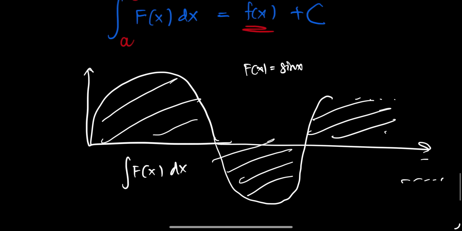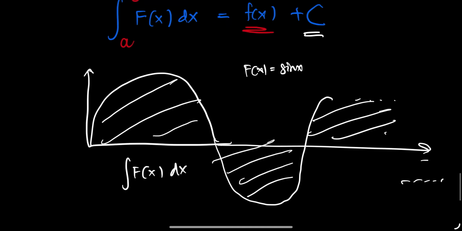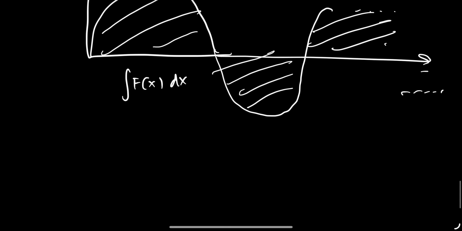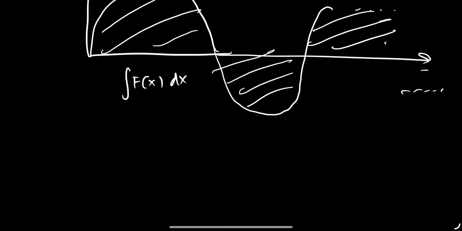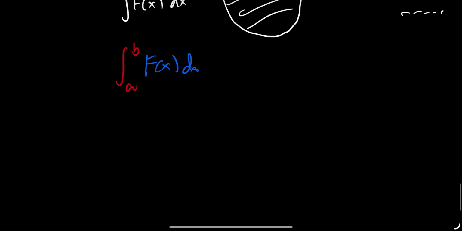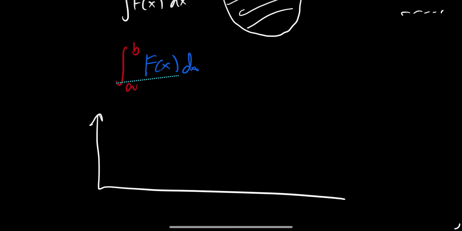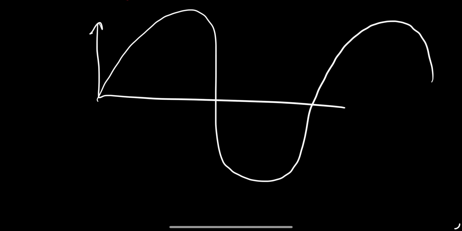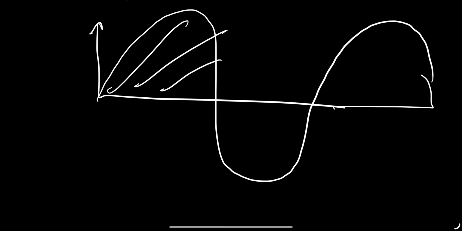That's why theoretically when we add c, it's kind of infinity, because c is literally any constant you can perceive. But what if the integral has a bound? From a to b, f(x) dx, what happens? So here, let's say our integral looks like this.